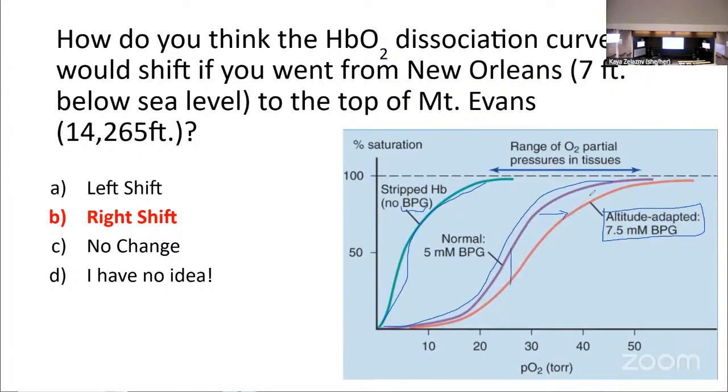If we read two spots, let's pick there and there, our amount of unloading increases the farther right we go on this graph here. And that's good. If there's not much oxygen in the atmosphere that you're breathing, you want to make it easier to get whatever oxygen you do have in your blood into your tissue to get used.